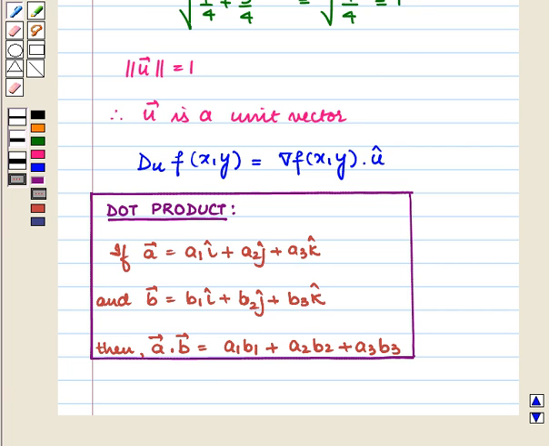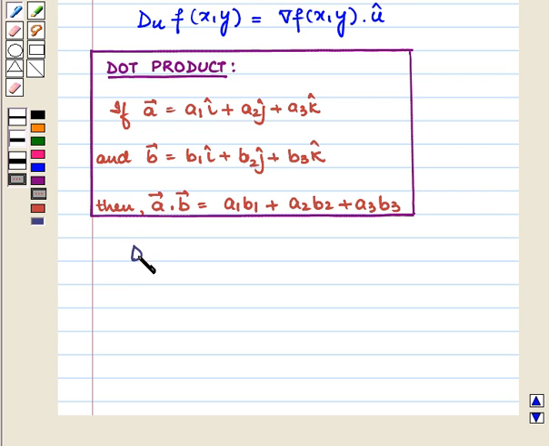So here D sub u of f of xy is equal to the dot product of 2 i cap plus j cap and 1 by 2 i cap plus root 3 by 2 j cap.